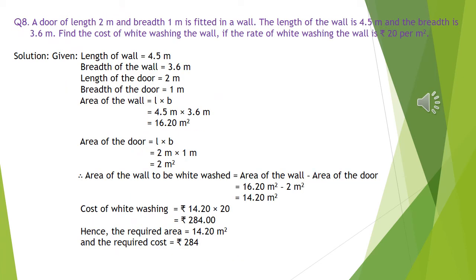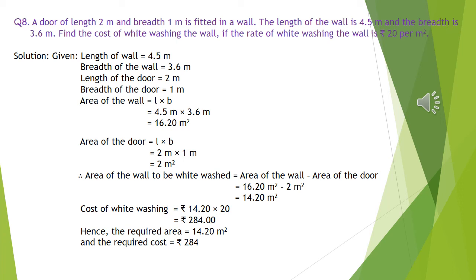A door of length 2 meter and breadth 1 meter is fitted in a wall. The length of the wall is 4.5 meter and the breadth is 3.6 meter. Find the cost of whitewashing the wall if the rate of whitewashing the wall is rupees 20 per meter square.